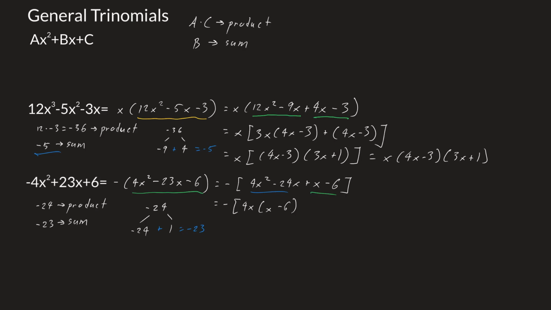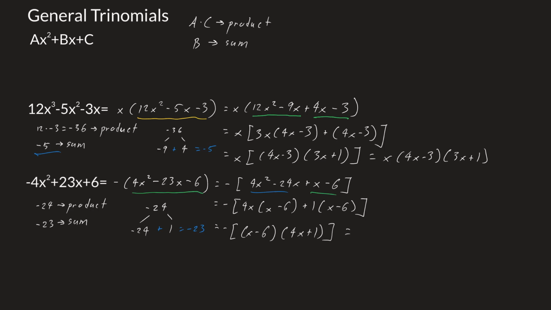The last two terms is already an x minus 6. So I'm going to do plus 1, okay? x minus 6. Ultimately, we could see that x minus 6 is a common factor that we could group out. Negative, x minus 6 times 4x plus 1.